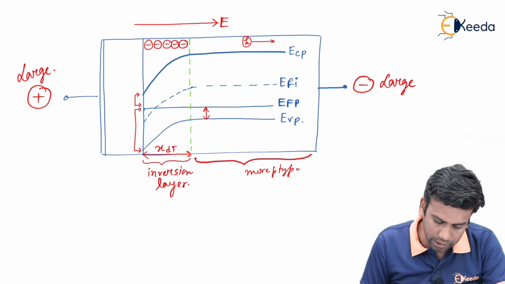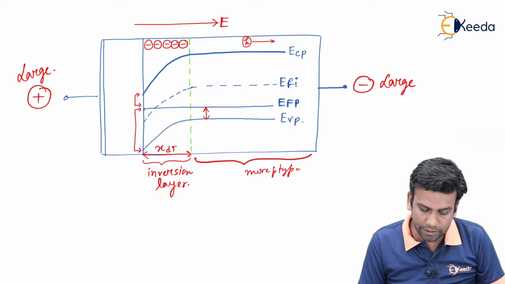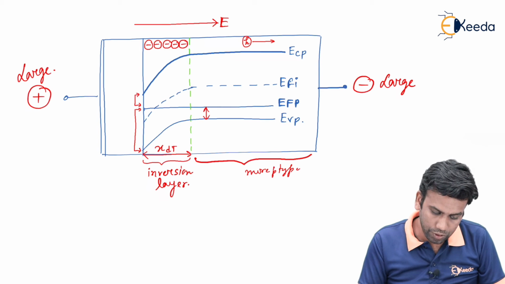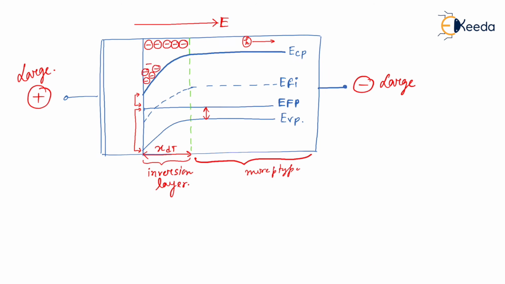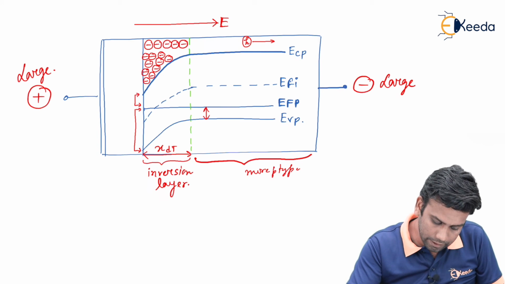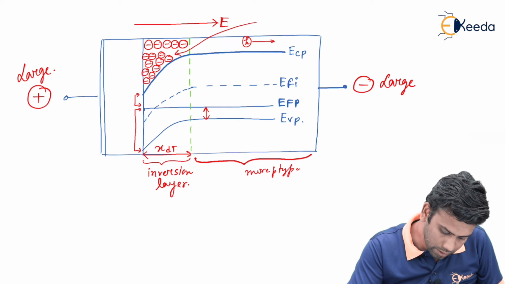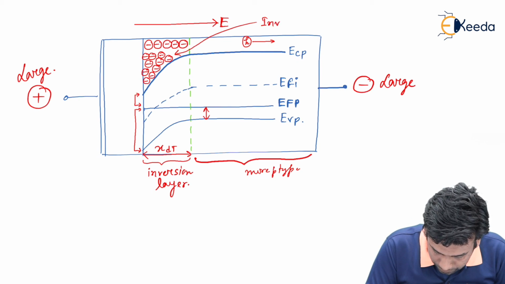So, x dt is the thickness of the inversion layer, and this is the band diagram of inversion mode. That means negative charges have been accumulated here, and these are called inversion layers of negative charges.